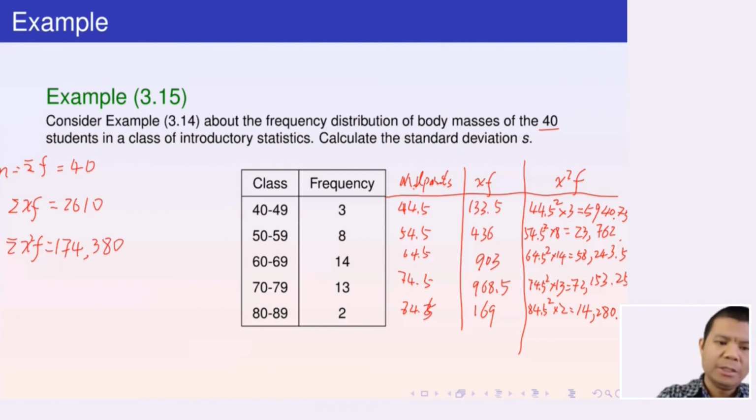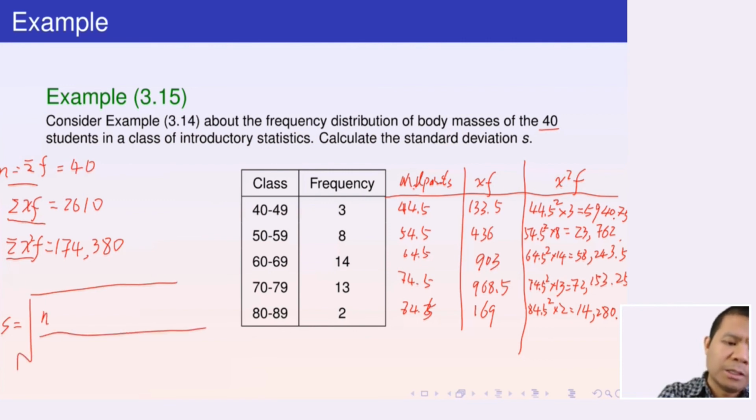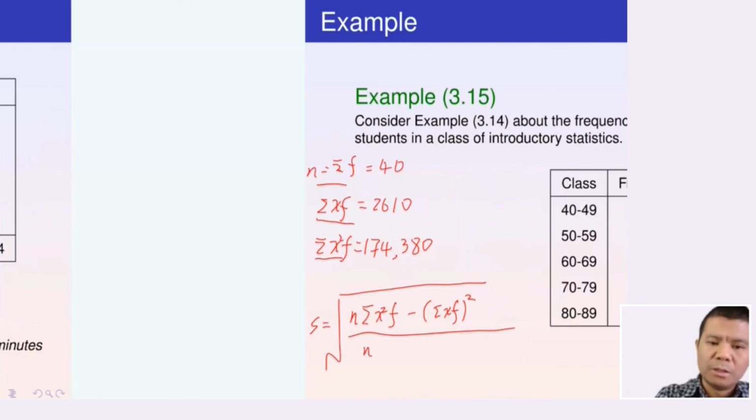What do we have? I have n, this, and this. Then you can find the standard deviation by plugging in the formula. On the top, that's n times the summation of x squared f minus the summation of xf squared, over n times n minus 1.